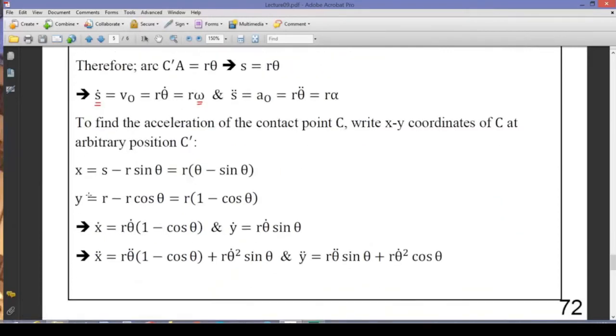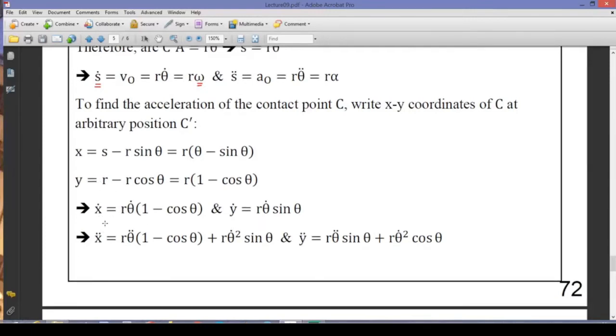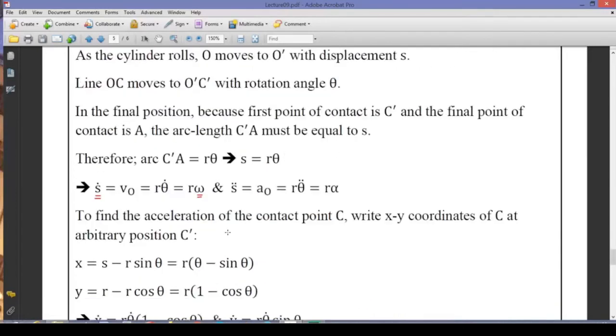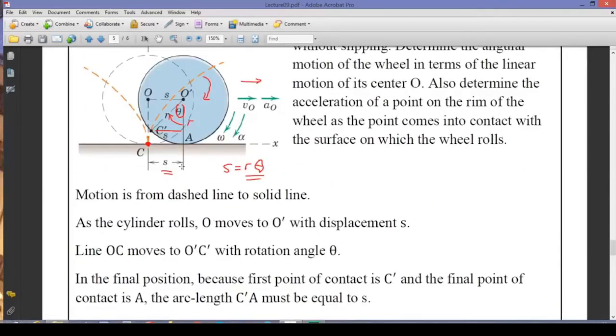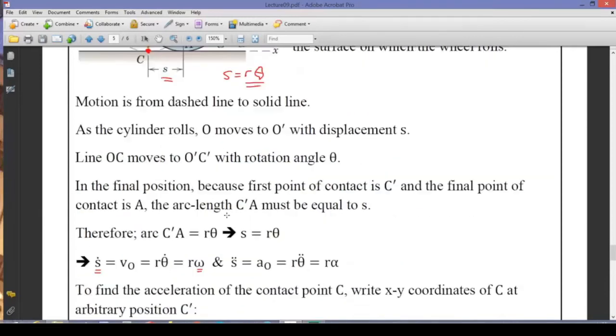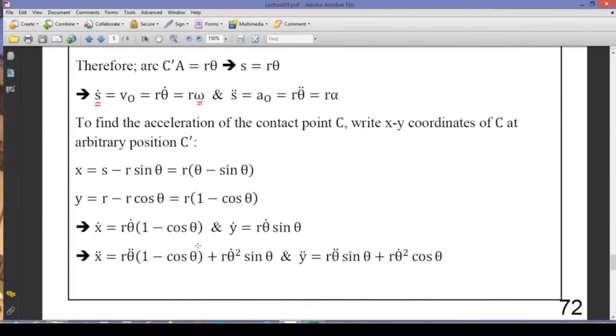And if you do the necessary calculations for the derivations of these two equations, we'll find these results for x dot, y dot, and then another derivation with respect to time. We'll find the equations for x double dot and y double dot. And this point's velocity, absolute velocity and absolute acceleration, will follow this information for changing theta values.